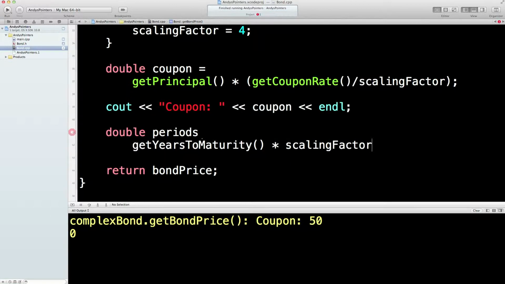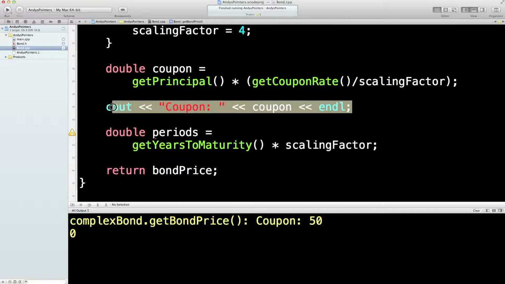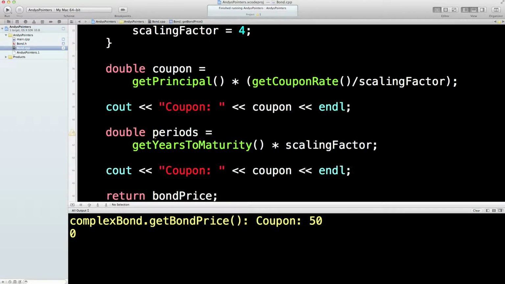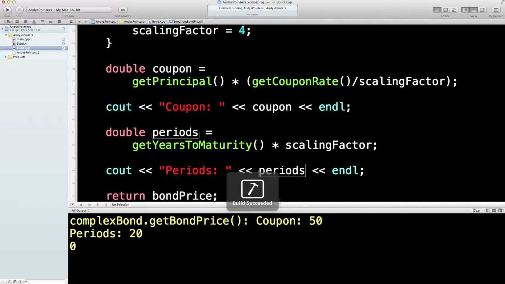So if the scaling factor is 2 and there's 10 years to go, then the number of periods, number of payments to make will be 20. So again, we'll just check that. This should come out as 20. Let's give that a whiz. So it comes out as 20, lovely, good stuff.